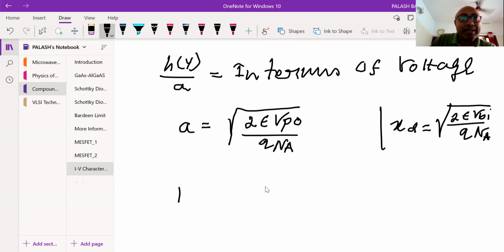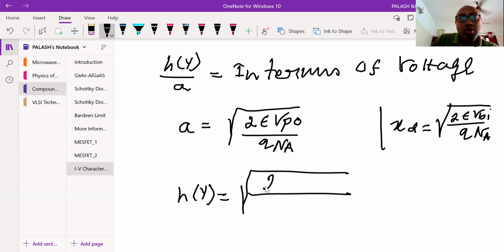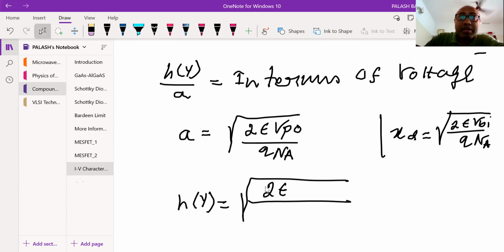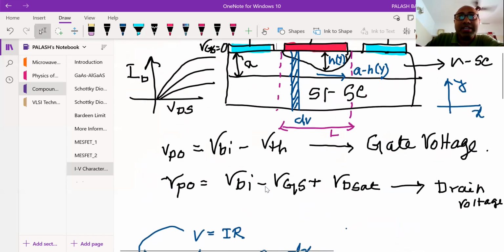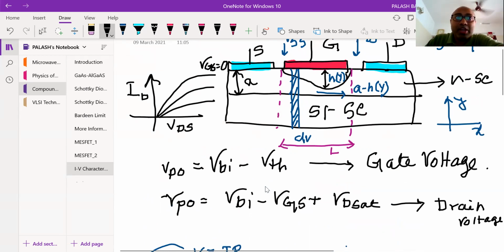Similarly, for Hy, the same way 2 epsilon. Here we have to write not the pinch-off voltage, because in this case we are trying to find Hy, that distance as a function of voltage.